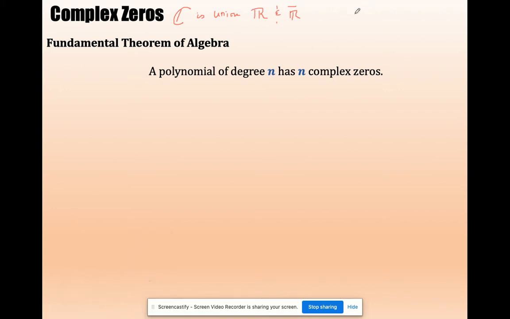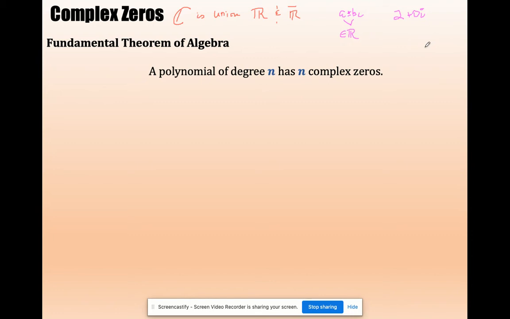For instance, complex numbers are of the form a plus or minus bi, where a and b are both elements of the real numbers. So when you have the number 2, that is a real number, but it is also a complex number because I can just write it like that.